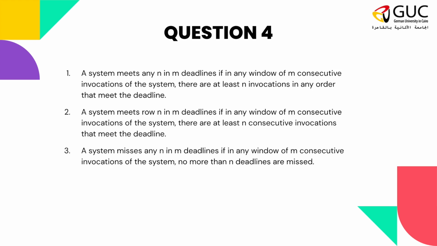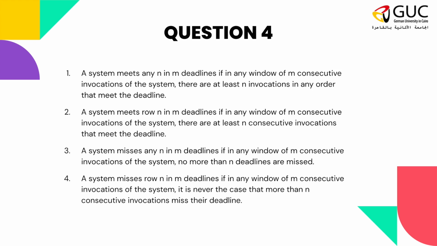No more, not at least. Because missing n deadlines is the maximum number of deadlines that I can miss. Take care, it's really important. Missing n deadlines means this is the maximum number that the system can tolerate. Therefore, no more than n deadlines in any order can be missed.